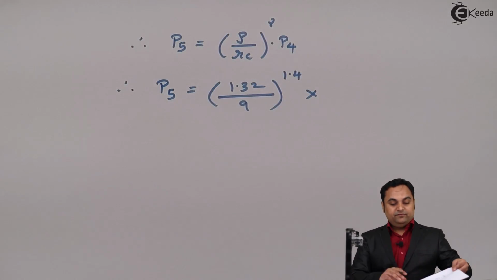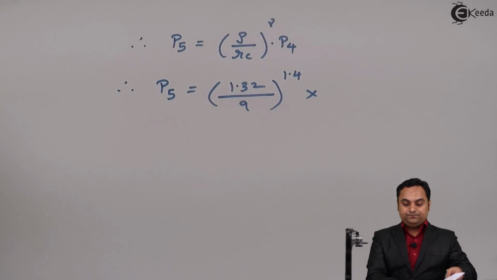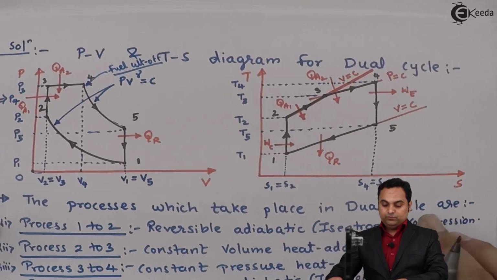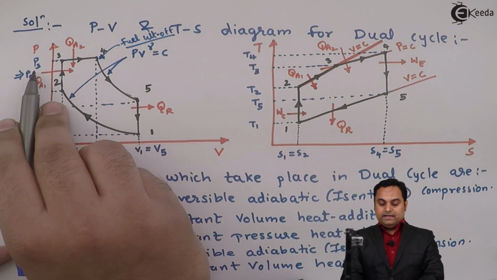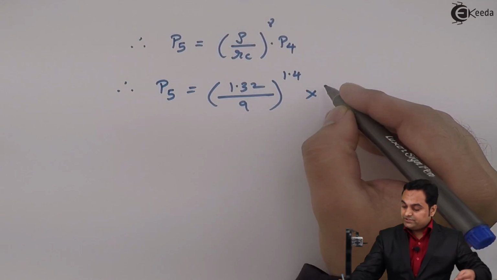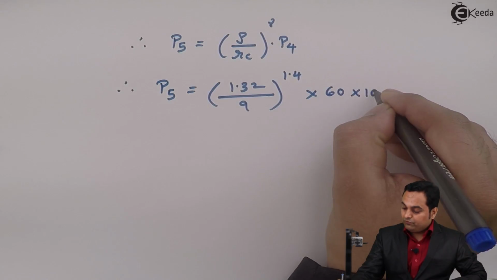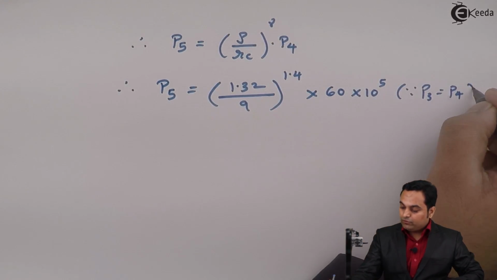and we have seen that pressure at point number 3 is equal to the pressure at point number 4, P3 is equal to P4, and at P3 we are having the maximum pressure which is 60 bar, so it is 60 into 10 raised to 5. I'll mention that since P3 is equal to P4.